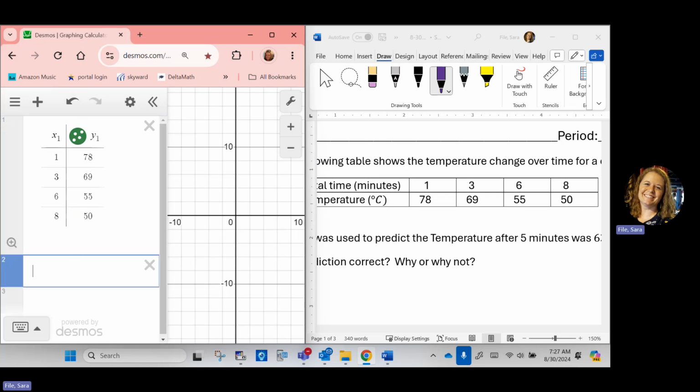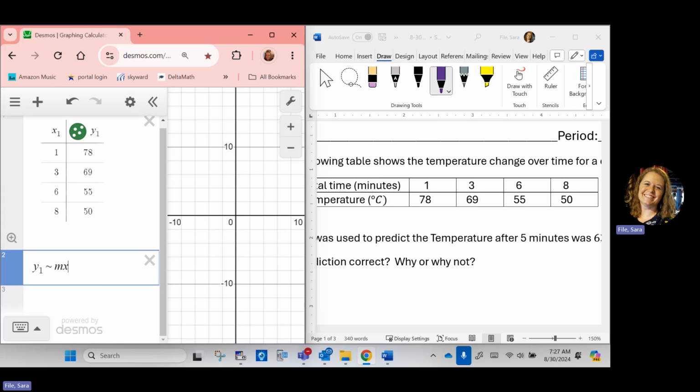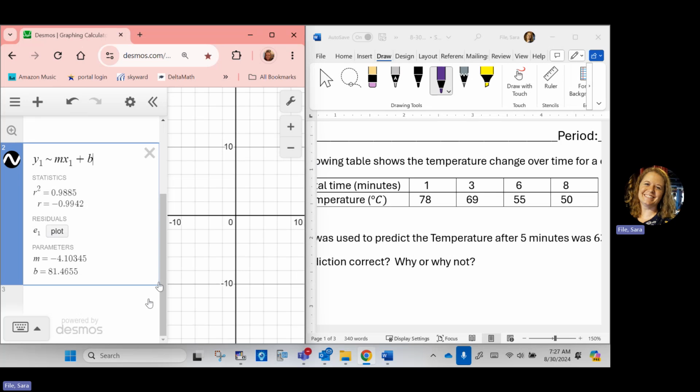So then remember, after you've got your data entered in the table, you go to the next blank line in Desmos, and you're typing Y1 tilde M X1 plus B. And then all that data is going to populate for you. So I'm going to take a little screen grab of that to put on our notes.